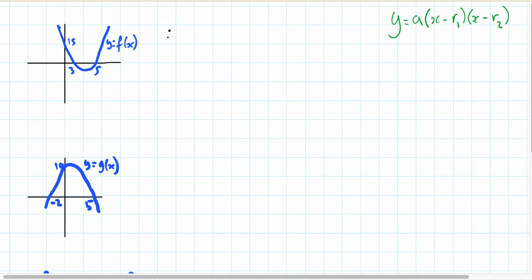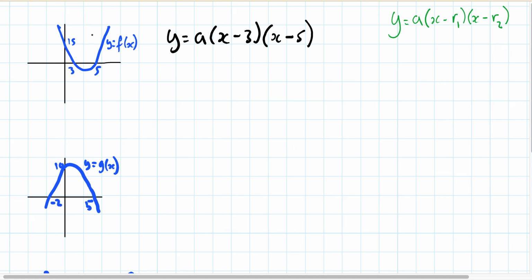So we have y equals a(x - r1)(x - r2). The first root is 3, so x minus 3, and then x minus 5. So that's our roots.